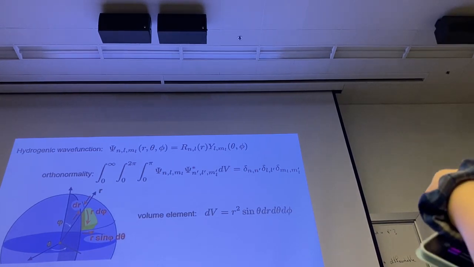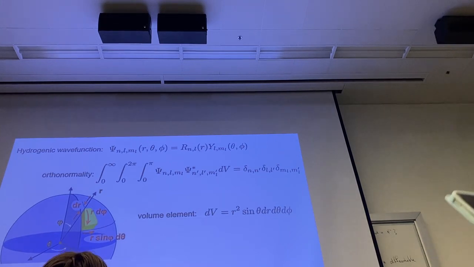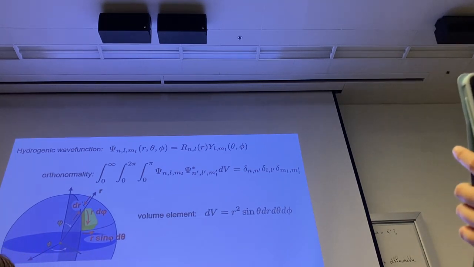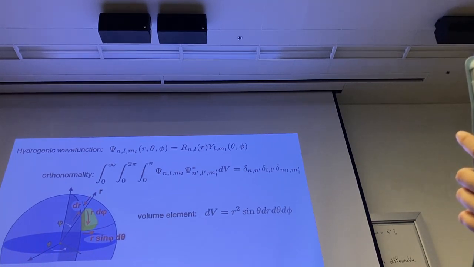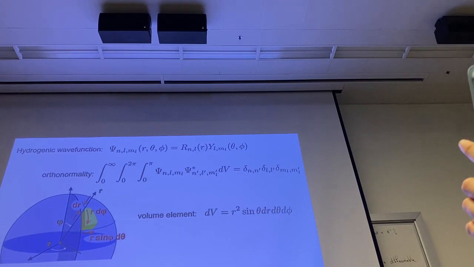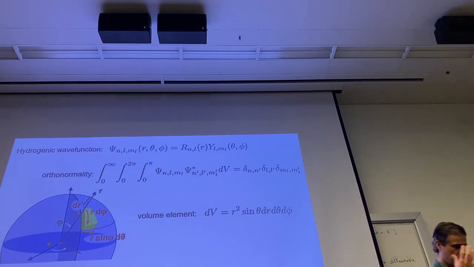What do I get? Well, good news for all of us is that this R doesn't depend on theta and phi. It only depends on r. This r squared too. So I'm going to take everything that just depends on r out of this integrand and keep only the things that depend on theta and phi, which is exactly what Y does.